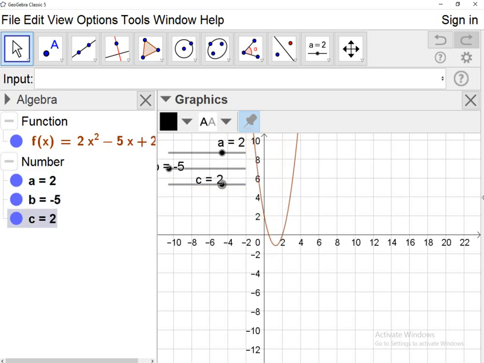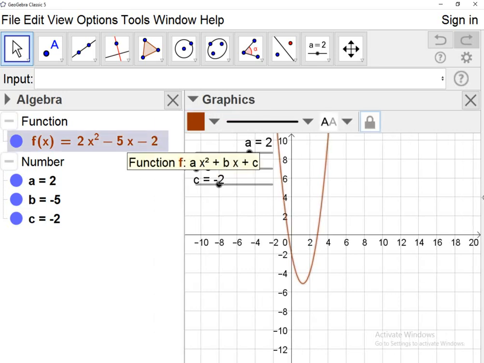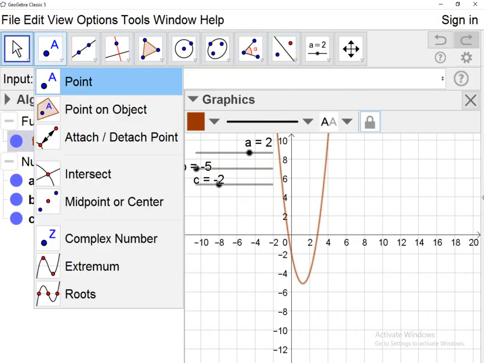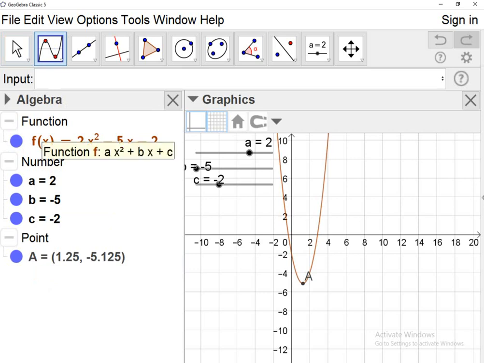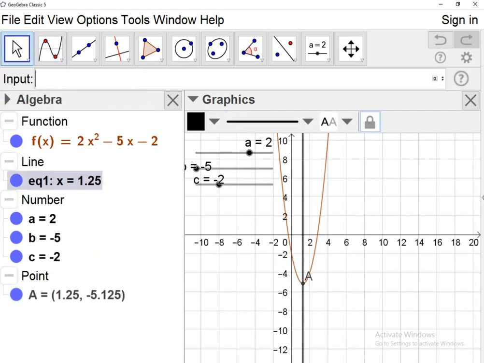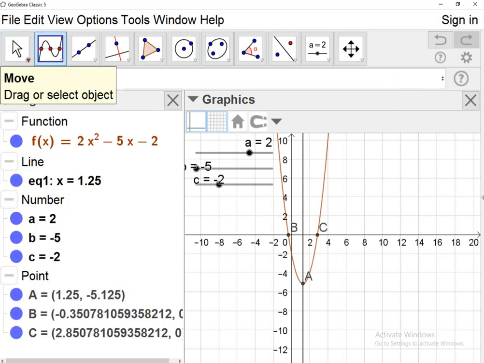And let's say c is negative 2. So if we had this quadratic right there, the axis of symmetry is going to be at x equals 1.25.